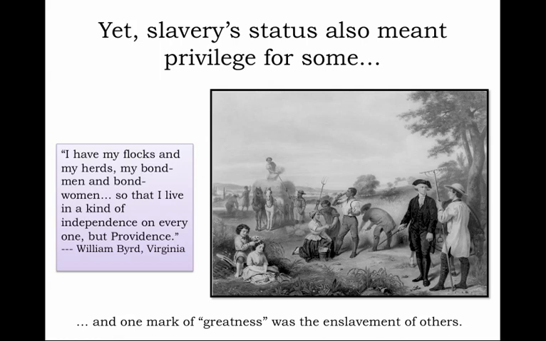So the invoking of Providence, or God's will, as a mark of humility by this slave owner, who otherwise was much like a god in his own right, the lord of a manor, you might say, a plantation manor, in which his authority included the authority of life and death.